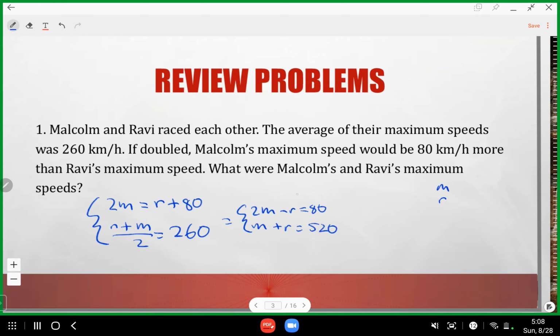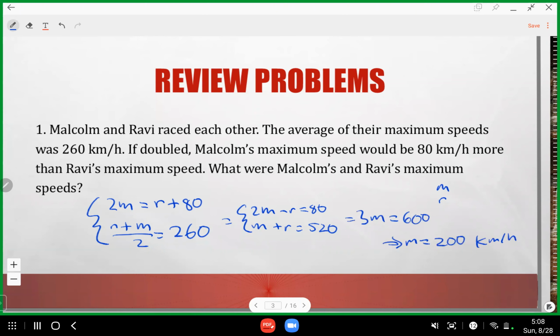So what we did here essentially was we just rearranged the first equation and we multiplied 2 to both sides on the second equation. And then we can add, we see that the R's cancel out. You get 3M is going to be equal to 600. Therefore, M is going to be equal to 200 kilometers per hour, right?